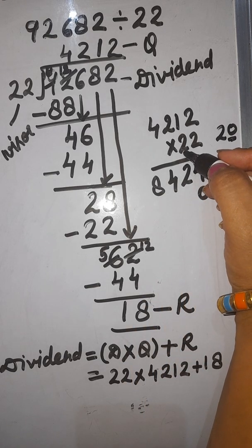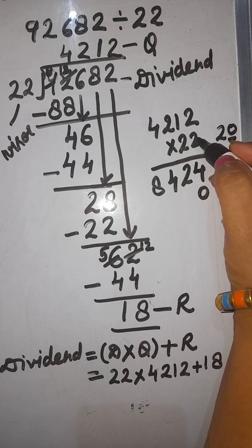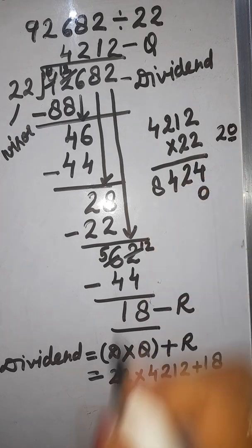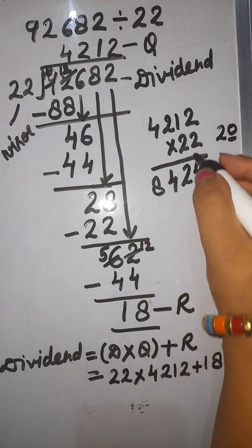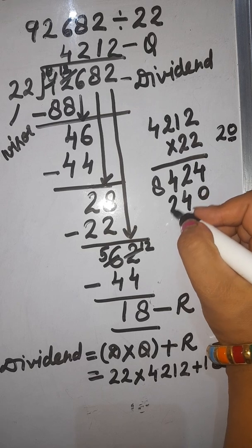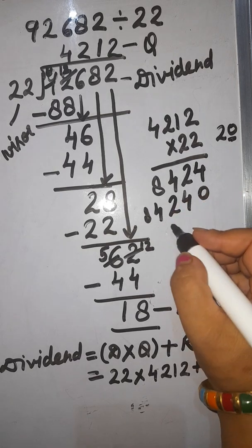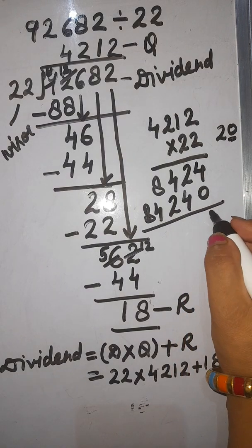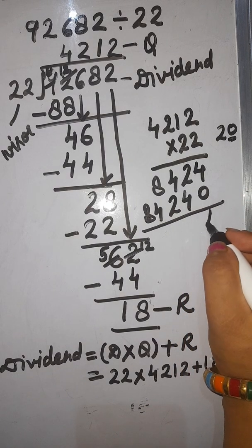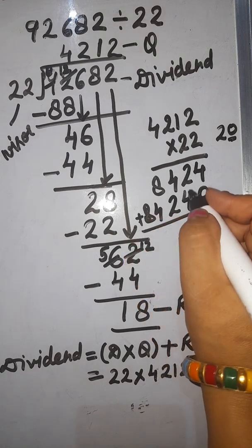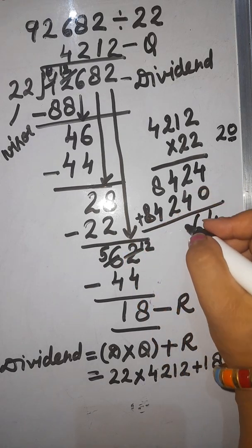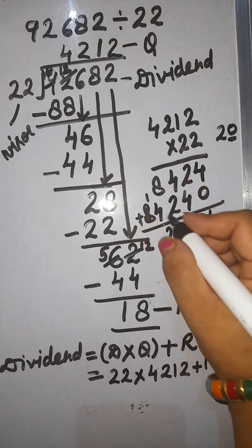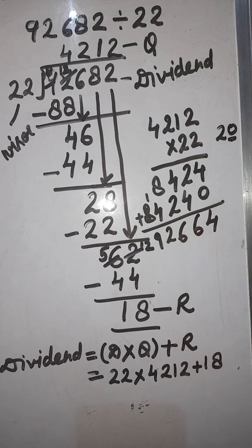Again, just recite the table of 2 because we have already done it. We have already done this with 2, so the same numbers we get here also. So 4 2 4 8. Now add both the numbers. 4 plus 0, 4, 4 plus 2, 6, 4 plus 2, 6, 8 plus 4, 12, 1 carry, 8 and 1, 9.